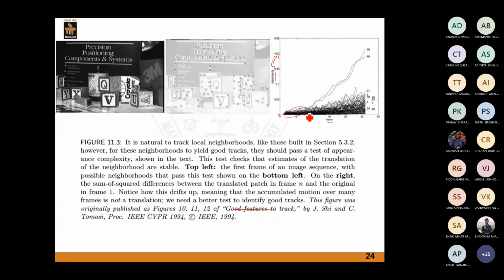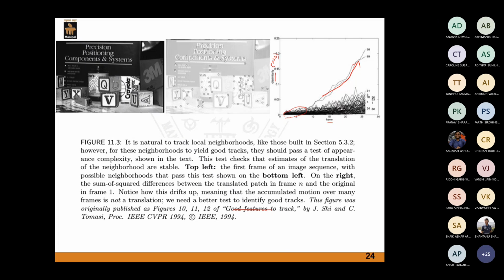But at some point after a few frames, the error starts to increase. There is some kind of error that has happened, and because of that, in the subsequent frames, that error gets propagated, and it goes like this. So this is just an example of how we can use the interest points for tracking, and how the tracking is done.